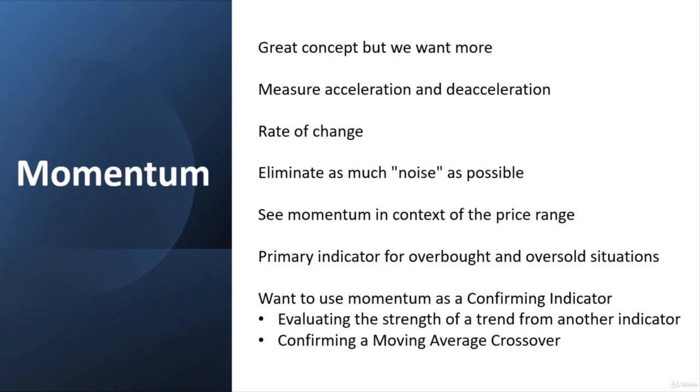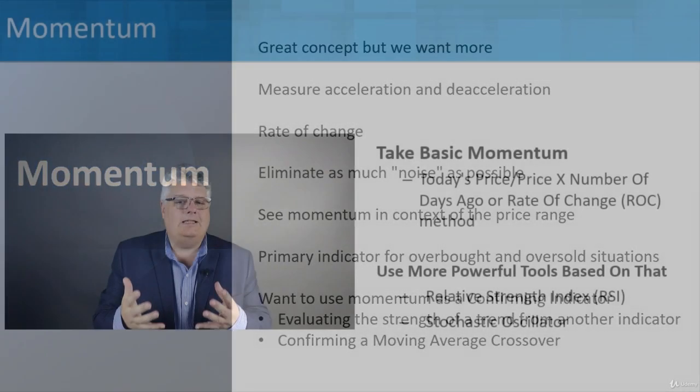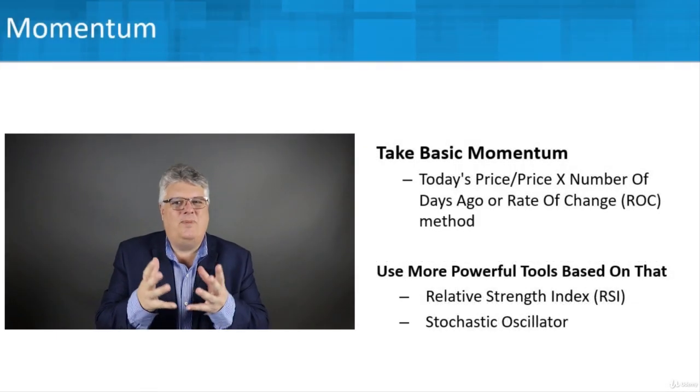You could say, I think there's a trend here, I'm seeing a crossover. I want to confirm that with a momentum indicator, to see if it's also saying we might have a good opportunity to buy or sell by looking at that price change, acceleration and deceleration. So that's momentum, the basic math concept and what it does, measuring that rate of change.